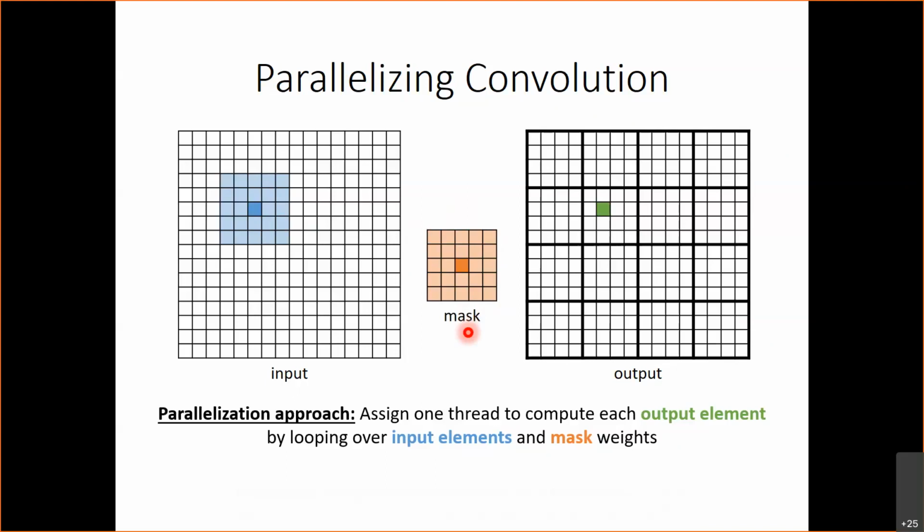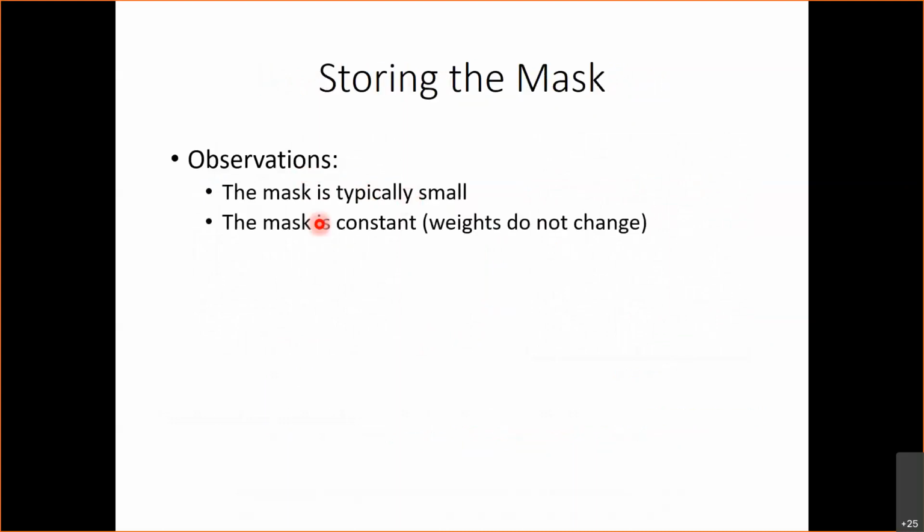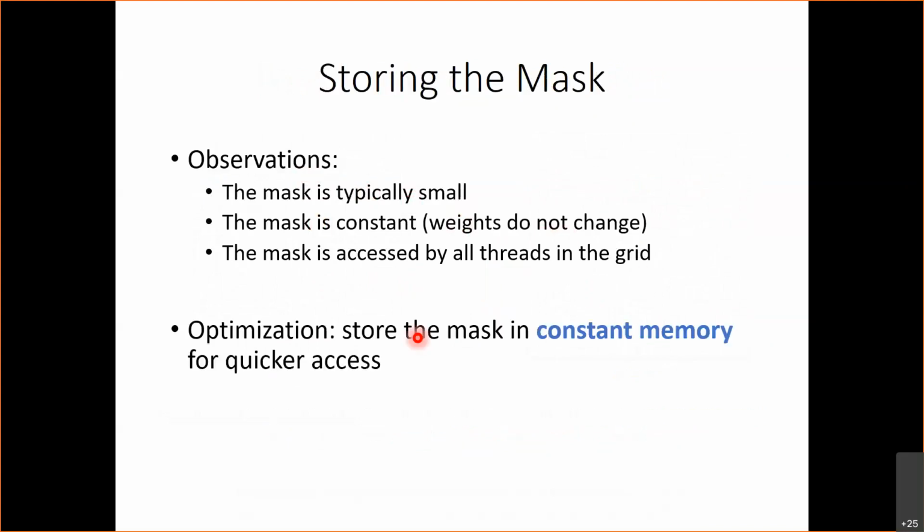Exactly, constant memory. So storing the mask, some observations. The mask is usually small. The mask is constant, so its weights don't change. And the mask is accessed by all the threads in the grid. So an optimization that we can apply is to store the mask in constant memory for quicker access.